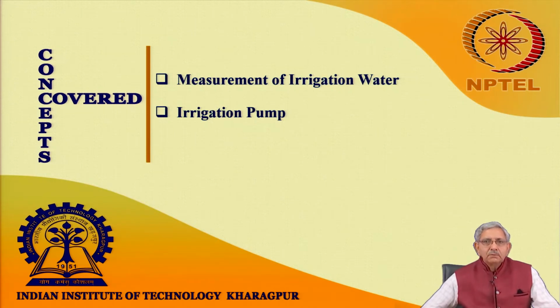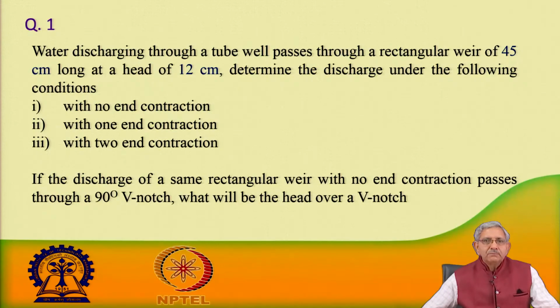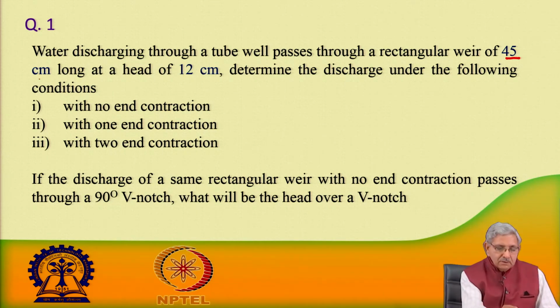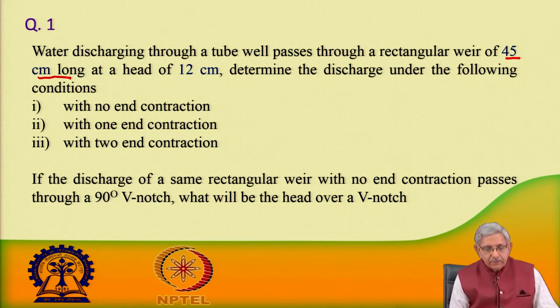So, let us come directly to the problems. Water discharging through a tube well passes through a rectangular weir of 45 centimeter length, meaning the crest width is 45 centimeter, and the water over the crest is 12 centimeter, that is the head.